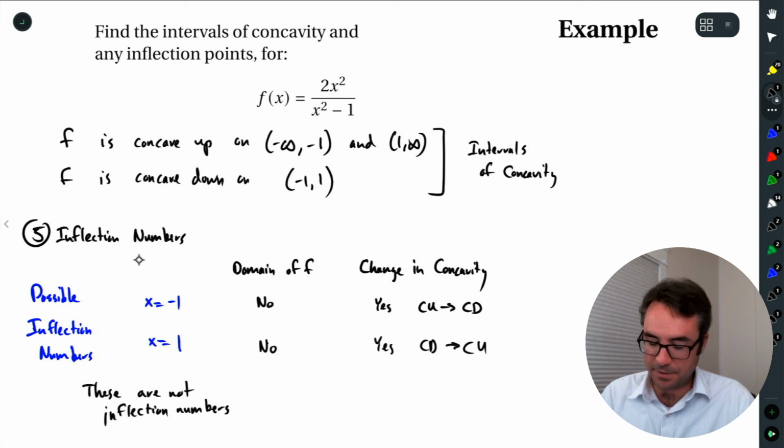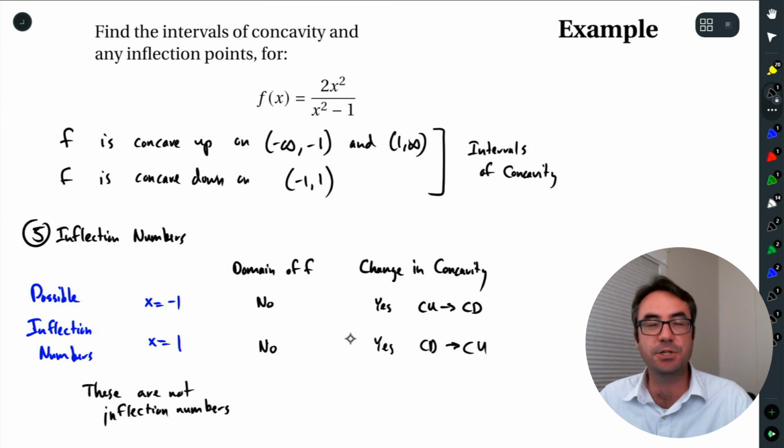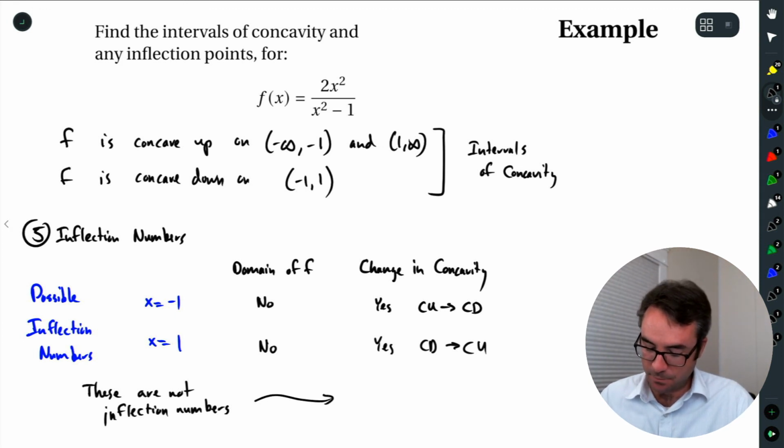The only way it can be an inflection number is if both of these conditions are met. And since this one didn't work, they're not inflection numbers. And what does that mean really in terms of what we're interested in? There's no inflection points. So this graph does not have any inflection points.